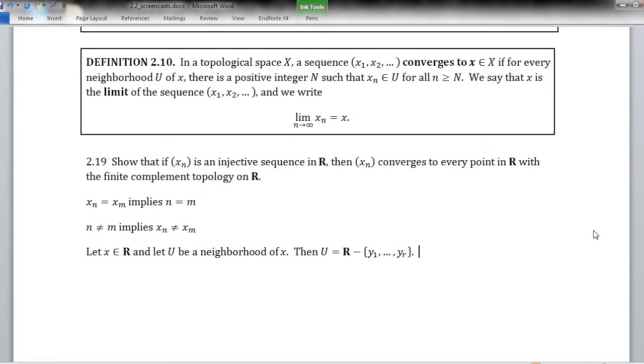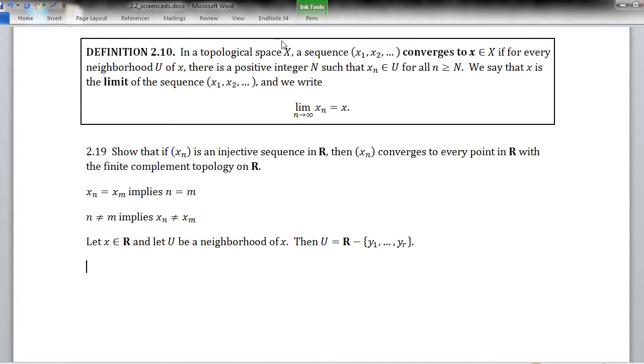Maybe we can draw a little picture of what's going on here. This set U is almost the entire set of real numbers, right? It's just missing finitely many points: y1, y2.